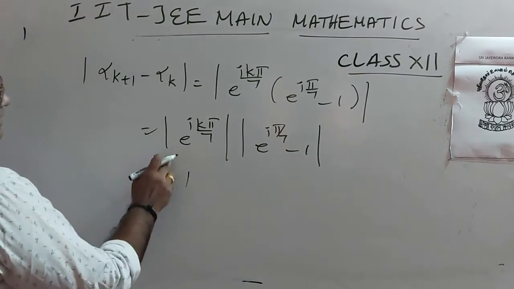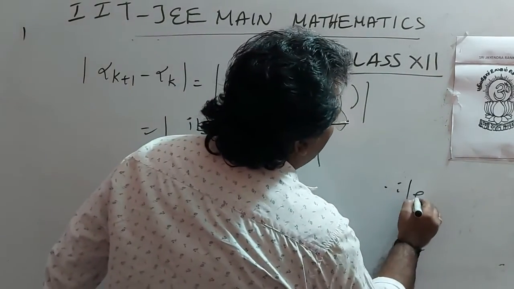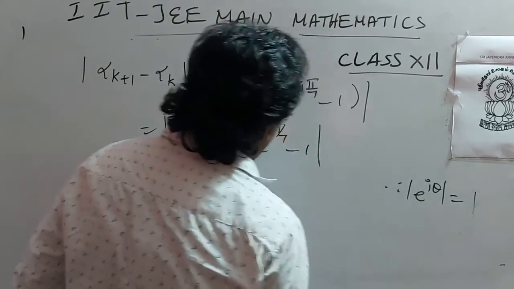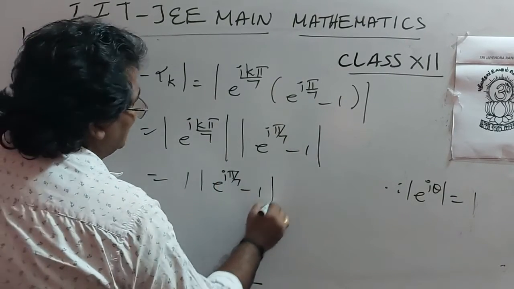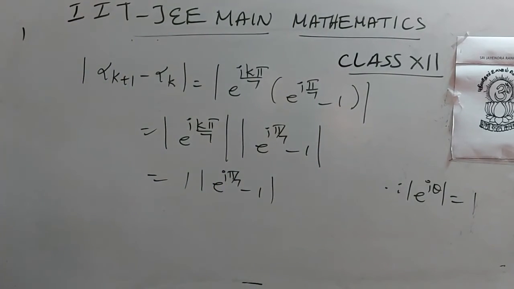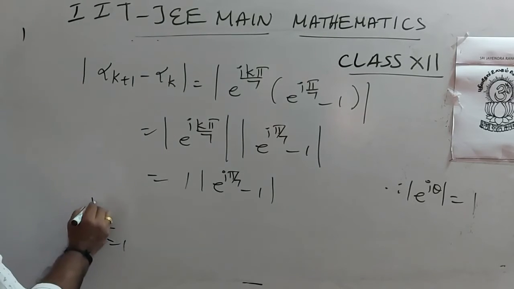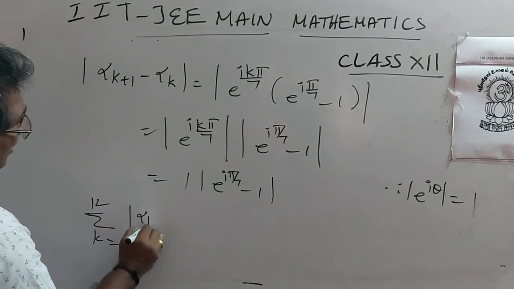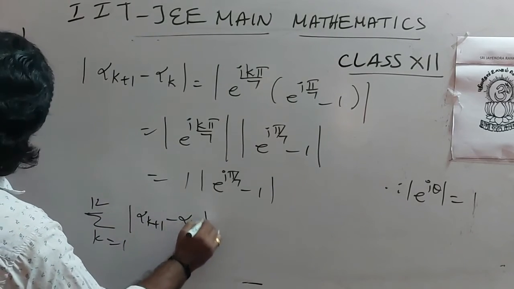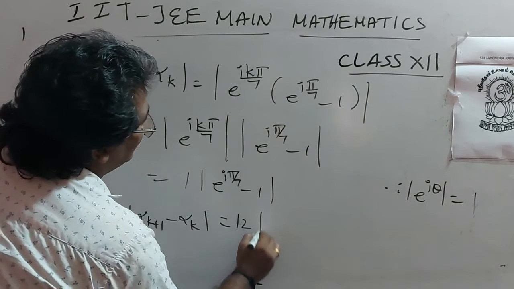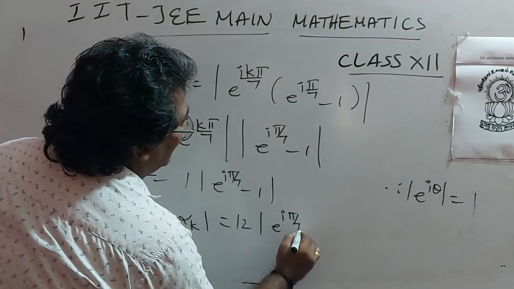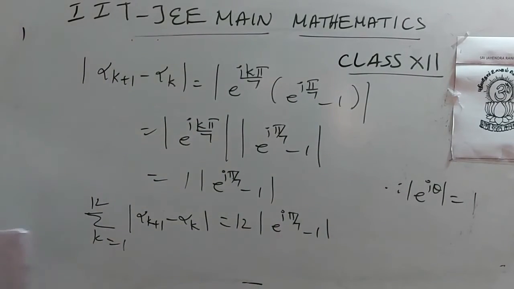This is equal to 1 into |e power i pi by 7 − 1|, since modulus of e power i theta equals 1. For k equal to 1 to 12, the same value comes 12 times, so 12 times |e power i pi by 7 − 1|.